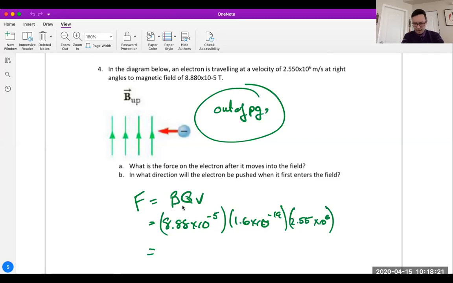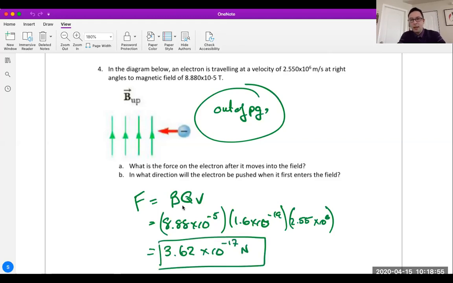Okay, try again. 8.88 times 10 to the -5 times 1.6 times 10 to the -19 times 2.55 times 10 to the 6 equals, got an answer this time, yay, 3.62 times 10 to the -17 newtons.